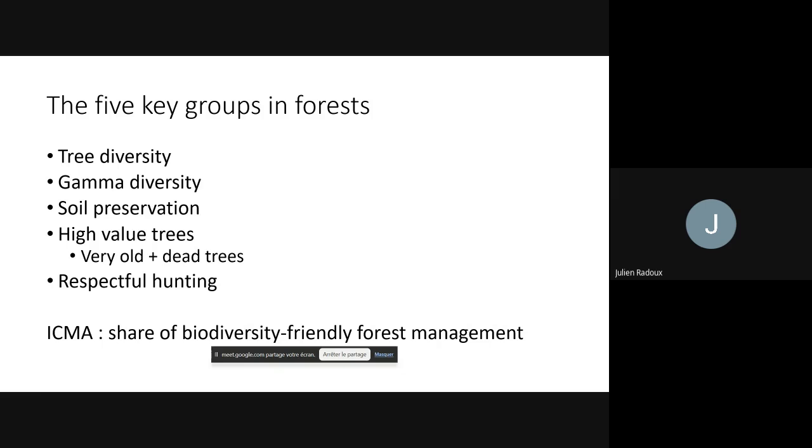The high-value trees, so for instance, the very old ones or the dead ones, increase the value of the area, and so respectful hunting, it's also important to keep that.